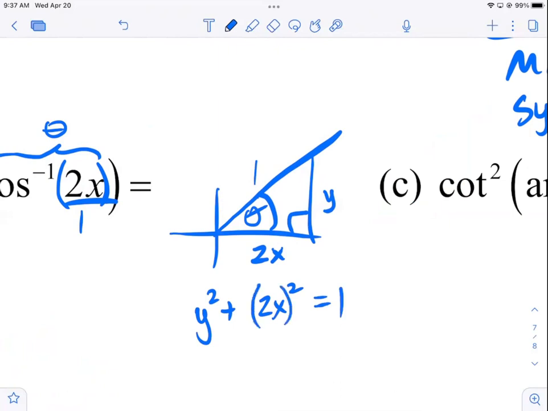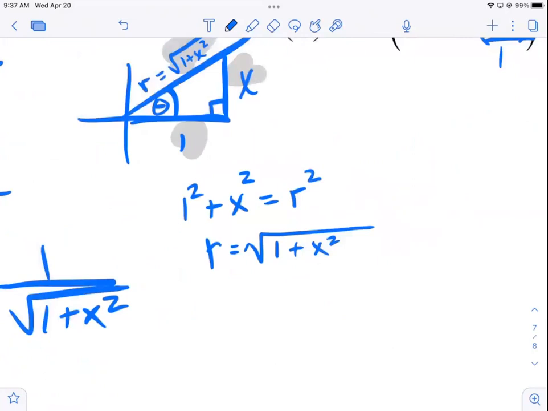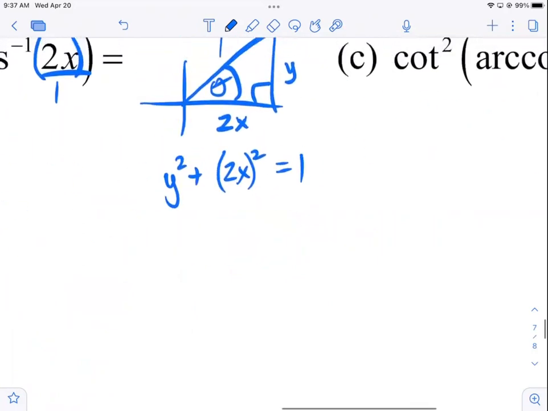We know better than that. y squared plus (2x) squared equals 1. I want to solve for y. Now notice on this one, they were both positive terms because they were both the short sides, right? Short side squared plus short side squared, square root is the hypotenuse. But now, because we have the hypotenuse, to solve for y, I'm going to have to subtract, yes?